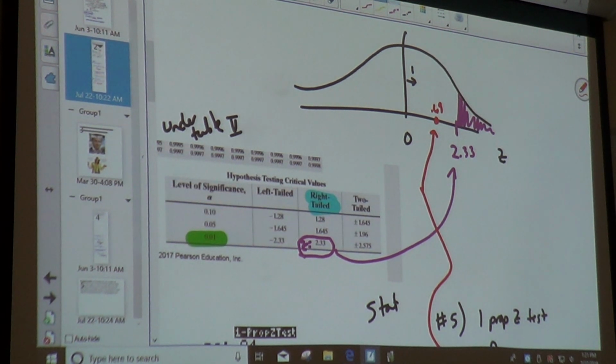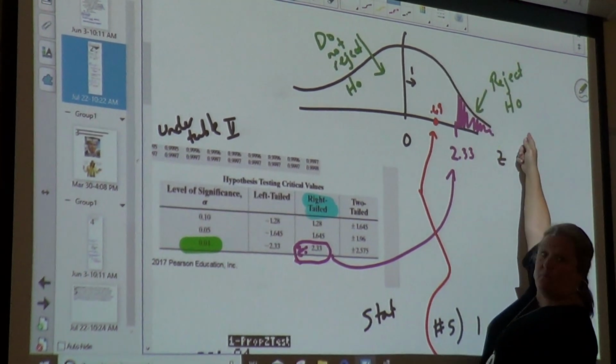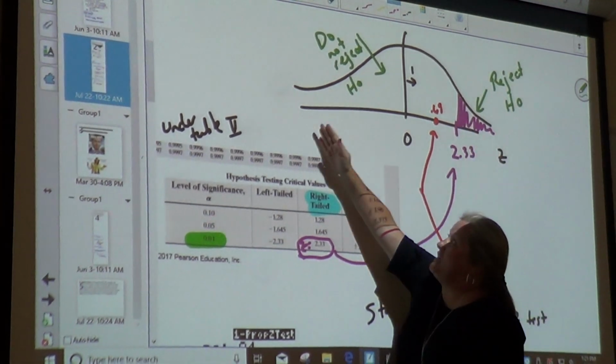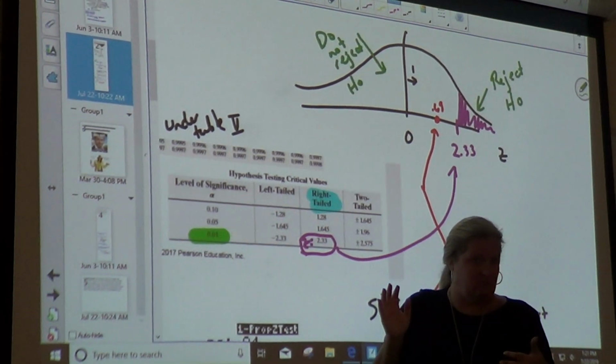Now, if it's in this area, we reject the H naught. If it's in this area, we do not reject the H naught. So if my data point fell in this area, I would reject the H naught. If my data point falls anywhere that's not shaded, I do not reject it.